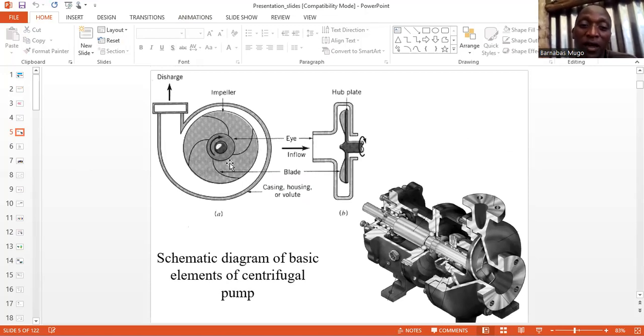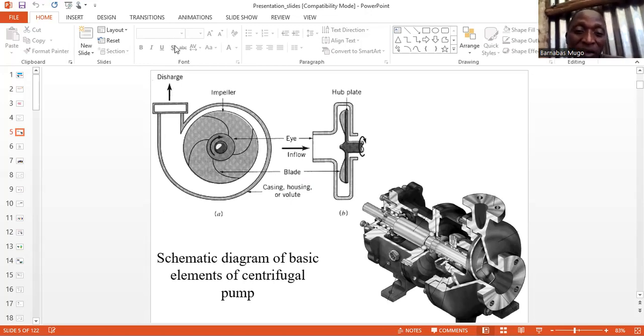The curved parts are the vanes of the impeller, while the whole shaded interior part is called the impeller. Then you have the casing, or the housing, or the volute. Then you have the discharge point, where water flows out of the system.